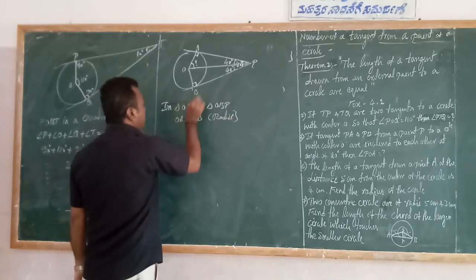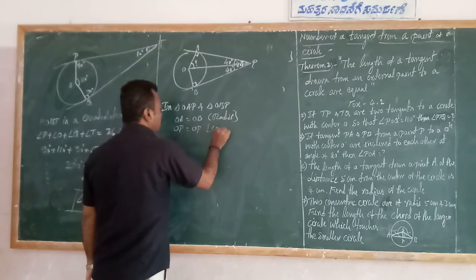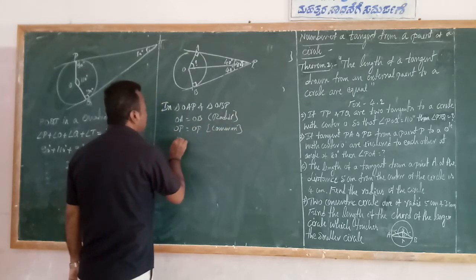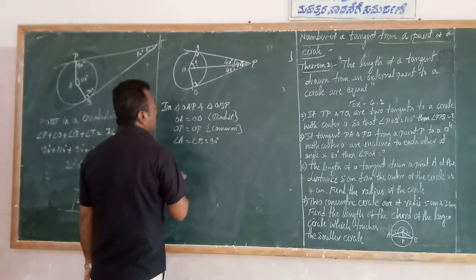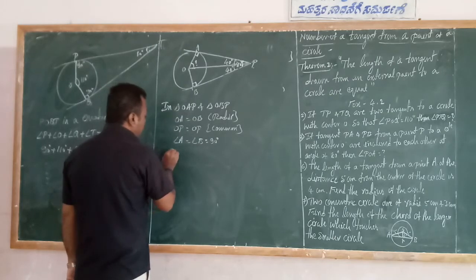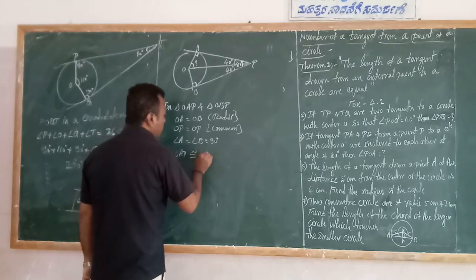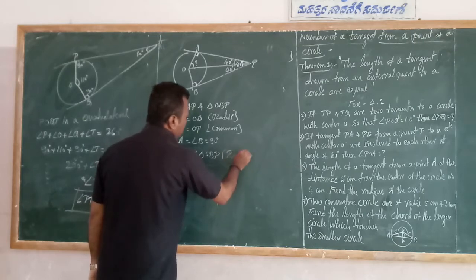Next, OP is equal to OP, a common side, and angle A is equal to angle B, which is 90 degrees. Therefore, triangle OAP is congruent to triangle OBP by the RHS rule.